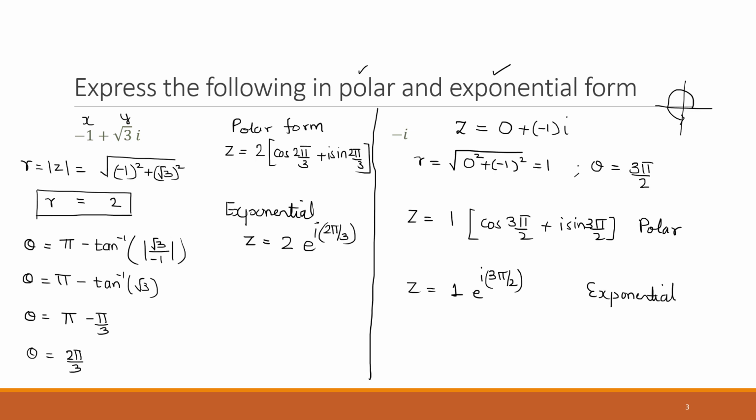Understood? Any doubts in converting complex number to polar form and exponential form? Very simple. Be ready with r, that is modulus, and be ready with theta. Once you get r and theta, directly substitute r and theta in the polar form and in the exponential form. You will get the answer. Understood?